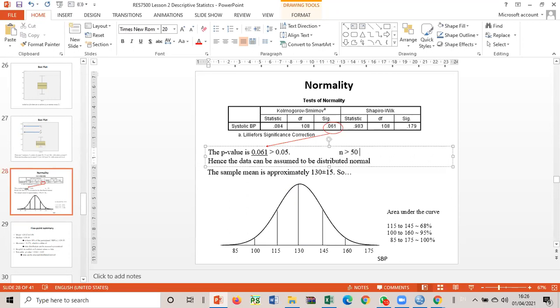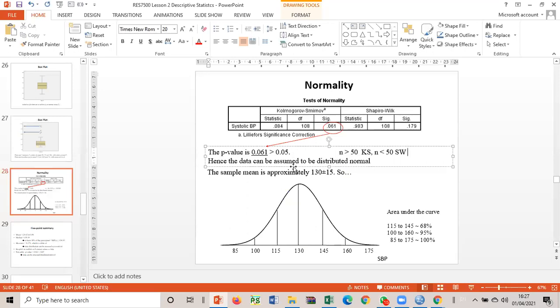use Kolmogorov-Smirnov, KS. If the sample size is less than 50, use SW, Shapiro-Wilk. The DF is the sample size.